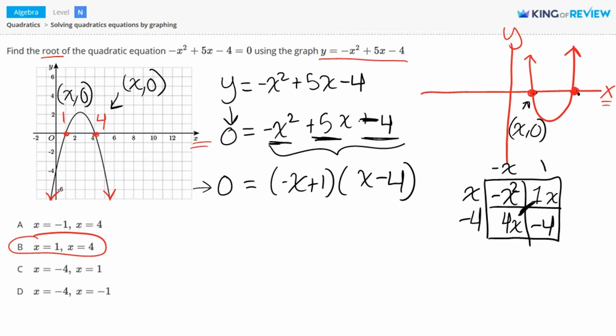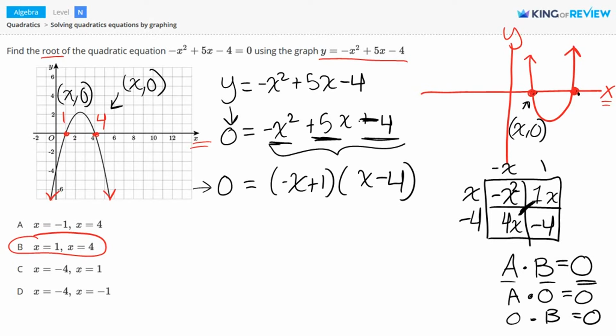The next step for solving for x is to consider the zero product property. When you have two numbers, let's call them a and b, and they multiply together to give 0, you know that either a or b must be 0 to get 0 for the answer. You could have a times 0 gives 0, or 0 times b equals 0.